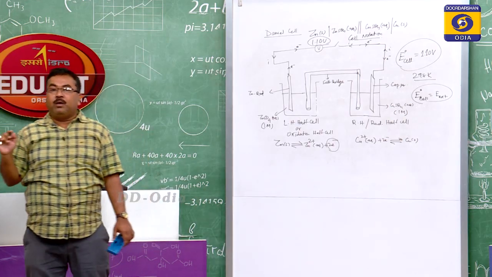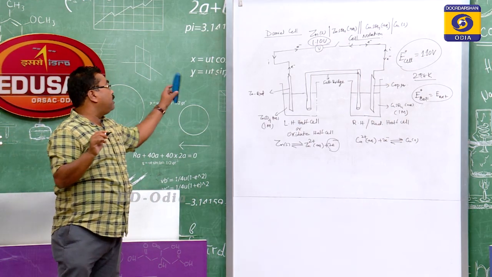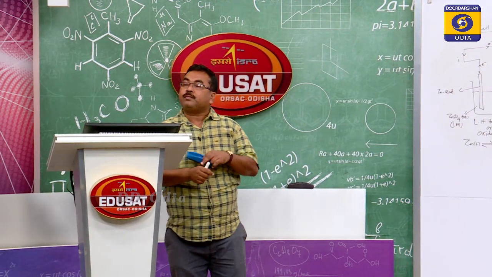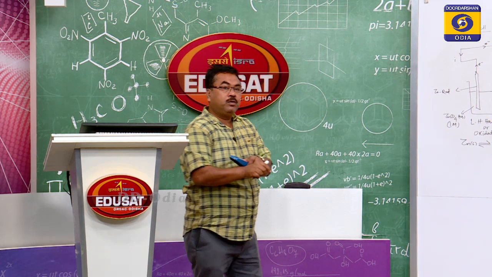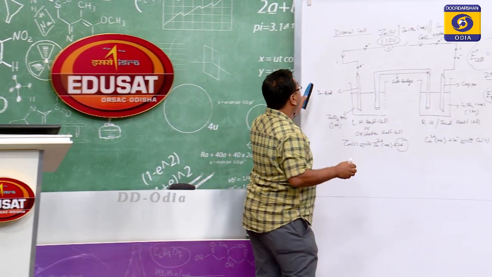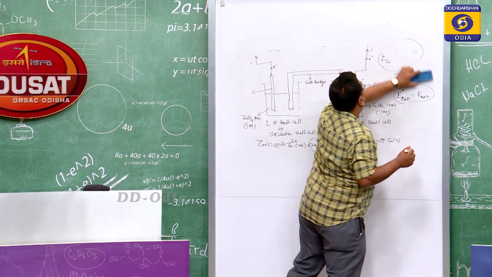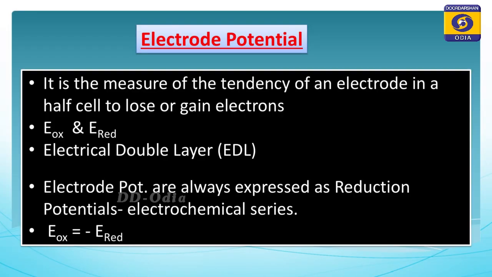So, this is the test of reversibility, and I explained the construction and working of the cell. Then we shall move to another important term, that is called the electrode potential. Electrode potential is a very important term. Like your galvanic cell, the electrode potential is also important.